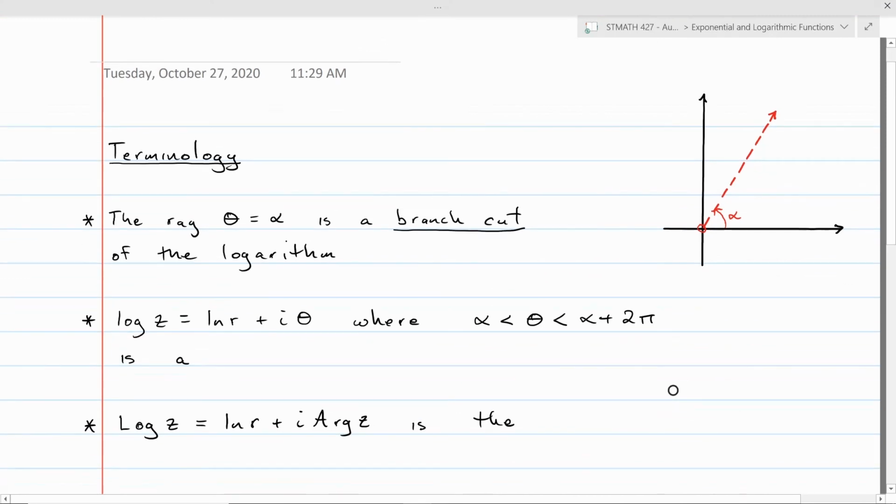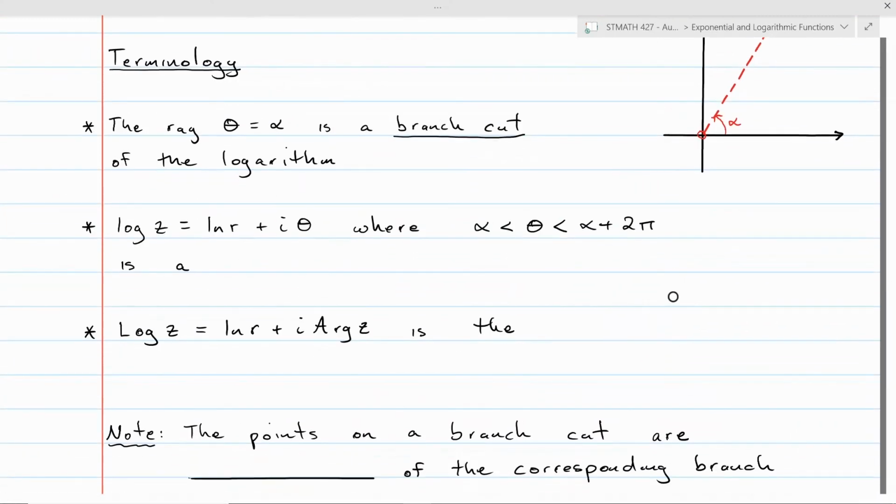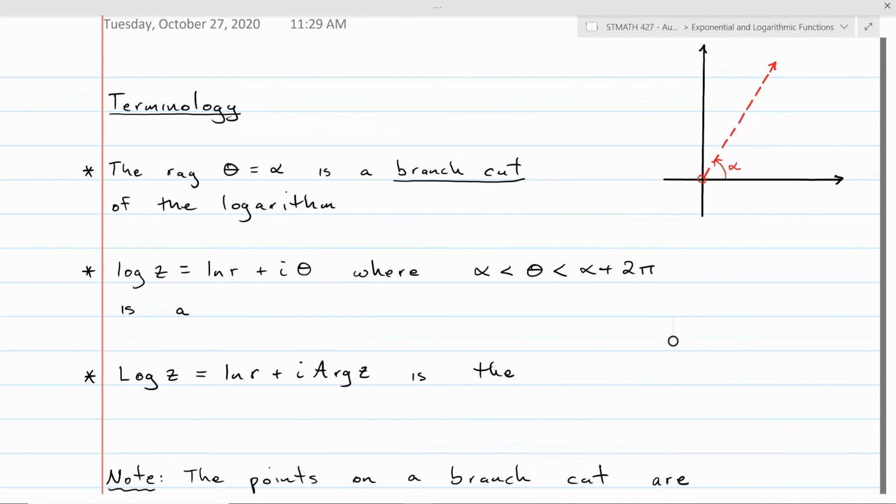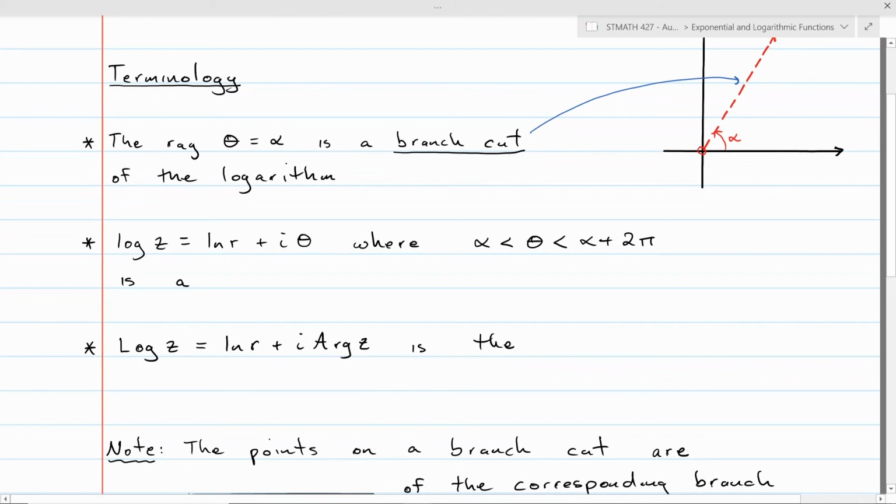So a little bit of terminology. I started using it already by accident, but that ray, that alpha ray that comes out of the origin, is called a branch cut. So the branch cut is just that line. And then when you take the logarithm, log z equals natural log of r plus i times theta, where you make theta range from alpha to alpha plus 2 pi, we call that a branch of the logarithm.